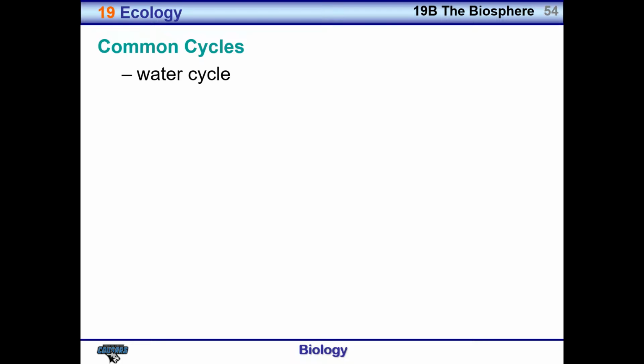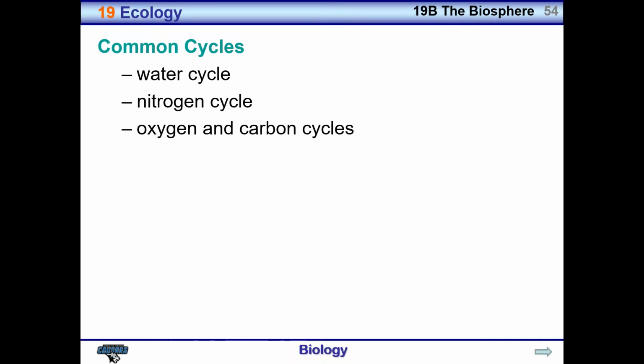But water is continually cycled throughout the Earth's atmosphere, this whole process driven by the sun. Another cycle that's very important for living things is the nitrogen cycle. And then we also have the oxygen and carbon cycles that we will be studying in this section.